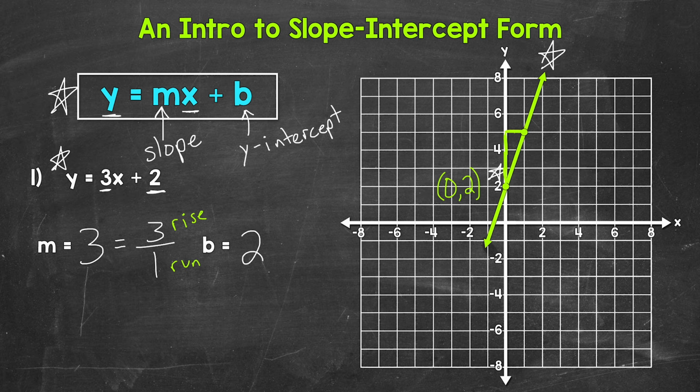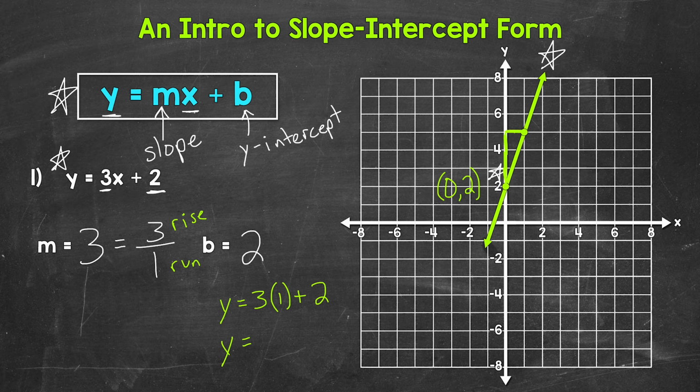Now, one more thing I want to mention here. Remember, x and y are variables representing points on this line. So let's say we plug in 1 for x. So we go over to 1 on the x-axis. What will our y coordinate be? Well, we have y equals 3 times 1 plus 2. 3 times 1 is 3, plus 2 is 5.